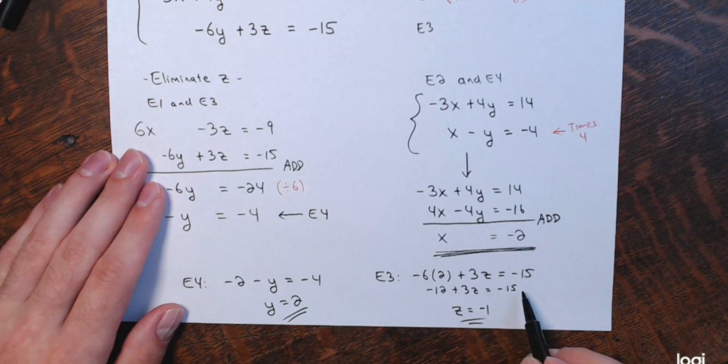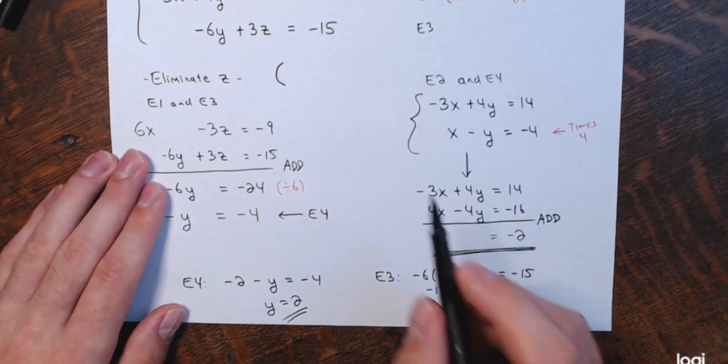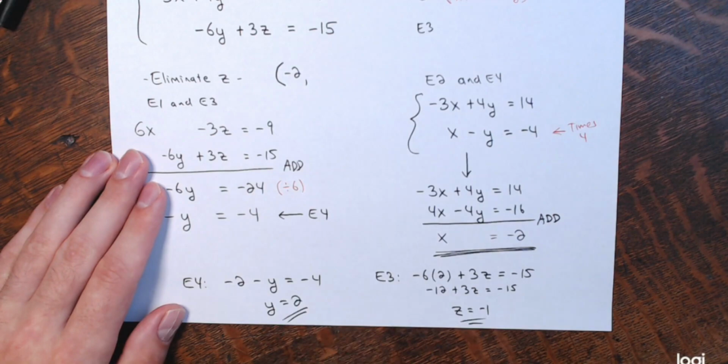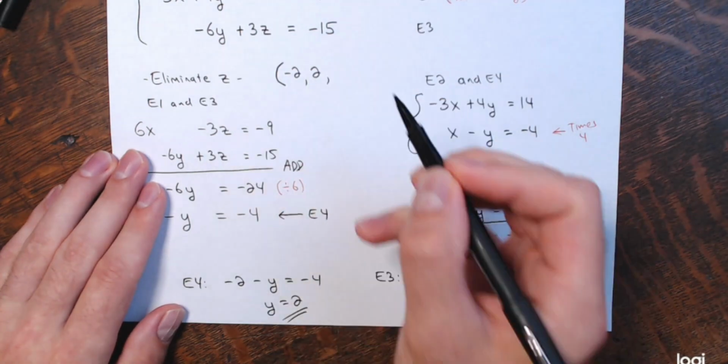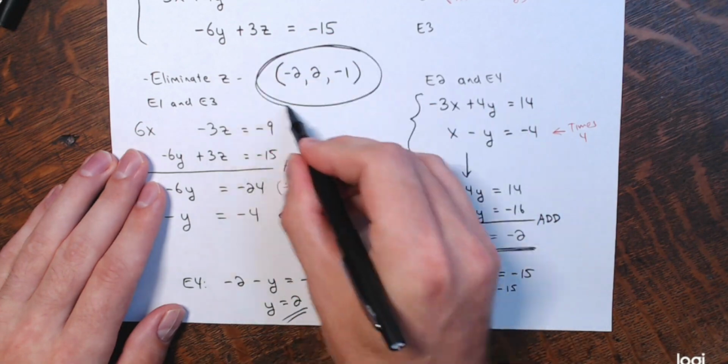I would add 12, divided by 3. And there we go, we have our ordered triple. So the solution of this system is x is negative 2, y is positive 2, z is negative 1, in parentheses. There's our solution.